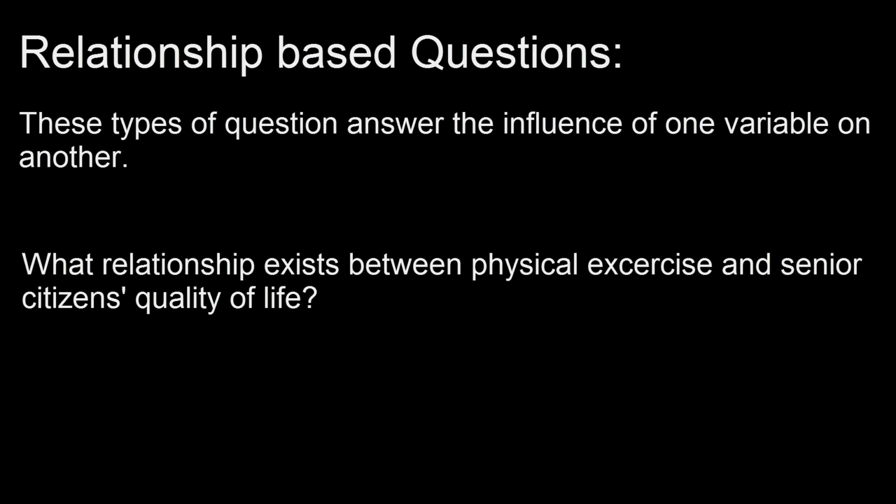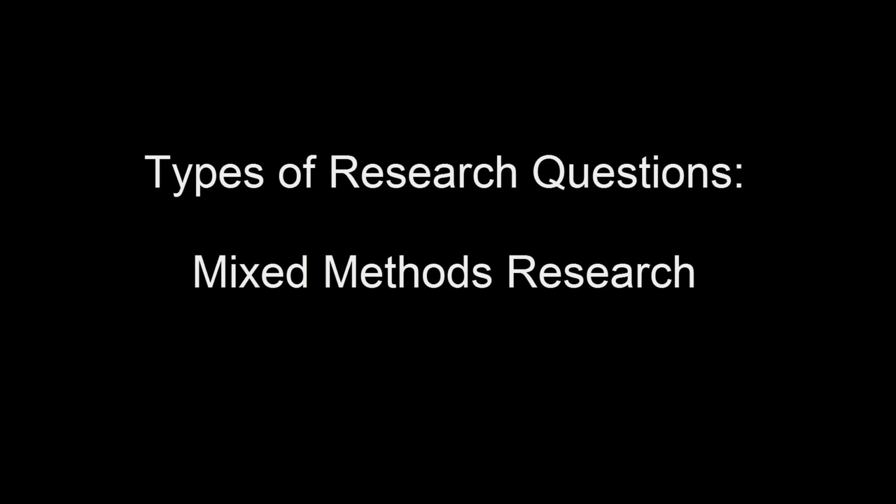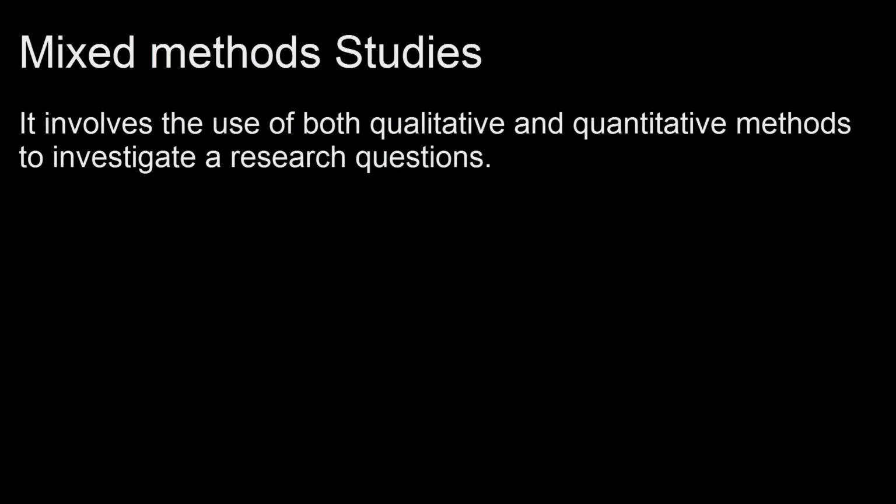Another example can be, what impact does the use of specific medications have on the development of a specific chronic disease? The third type is our mixed method studies. Here we use both of them, the qualitative as well as quantitative, to investigate a research question.